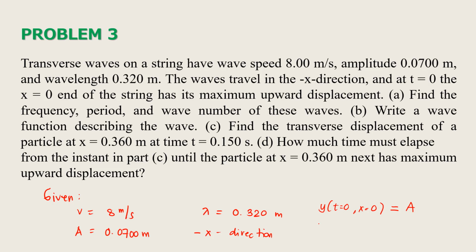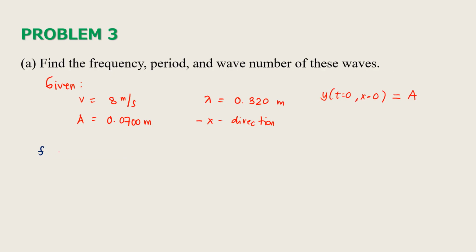Okay, so first we have to find the frequency, period, and wave number of these waves. To find f, we have to use this equation. V is equal to lambda times the frequency. Therefore, f is equal to v over lambda.